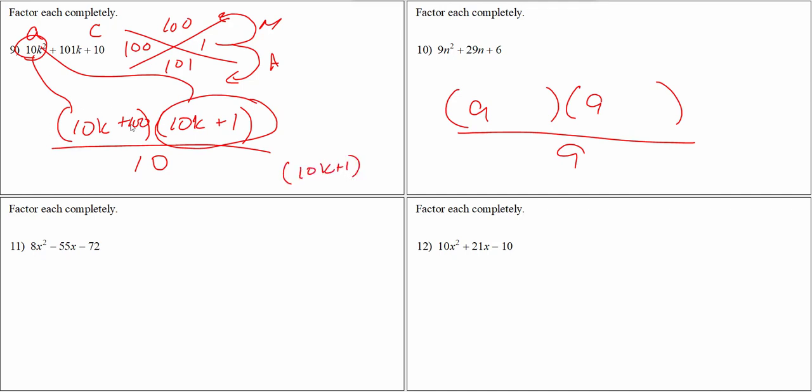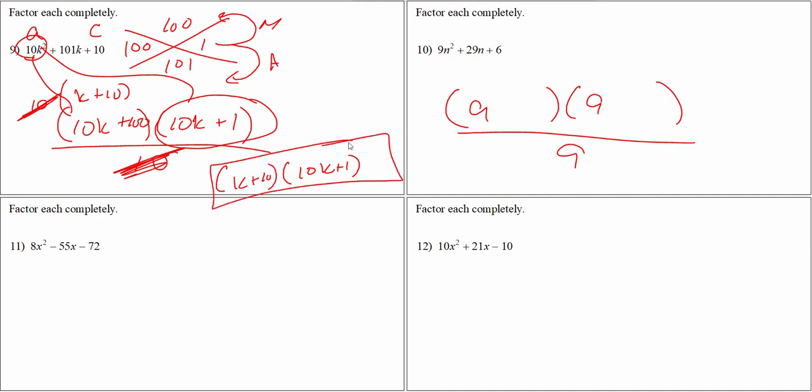Can I divide this one by anything? Yeah, I can divide it by 10. What do I get left? I get k plus 10. The 10 that I divided it by cancels with the 10 in my denominator, and I have k plus 10 left. And then this is what you get if you were to multiply it back. You get that at the beginning. Okay? 10, 11, and 12 are all the same.